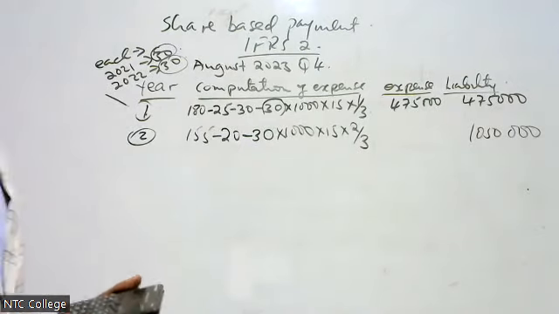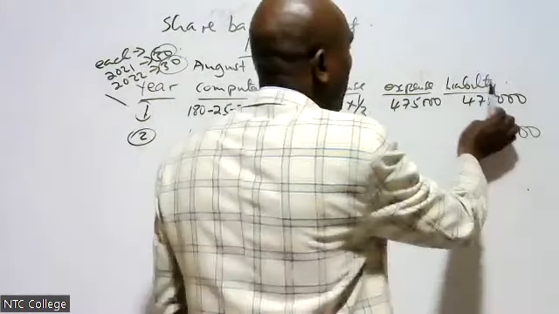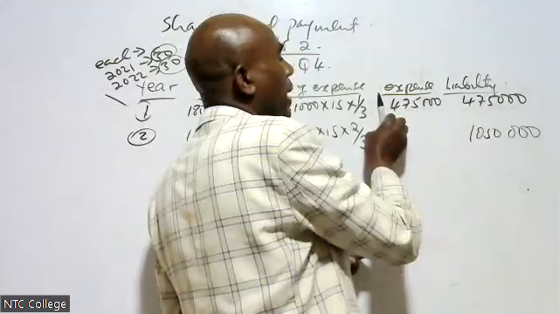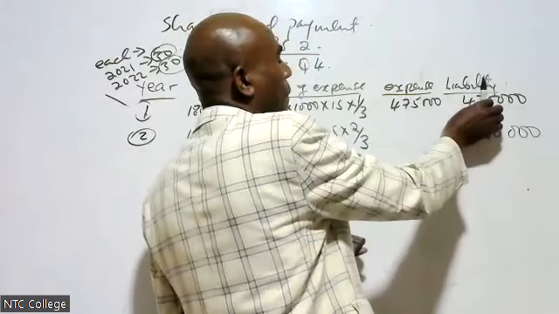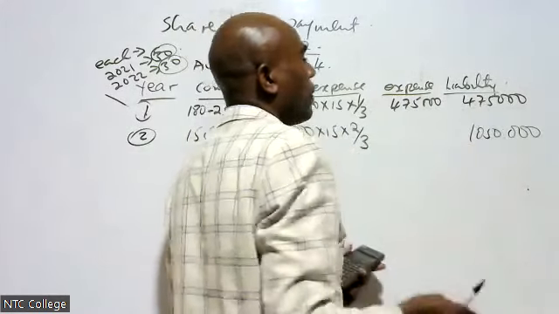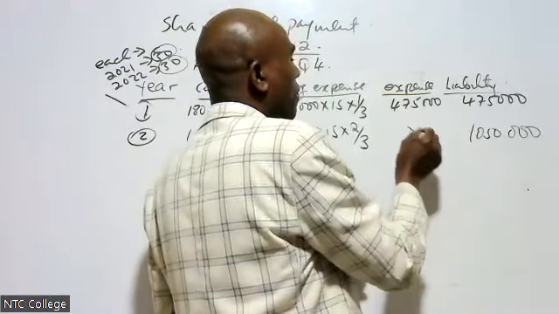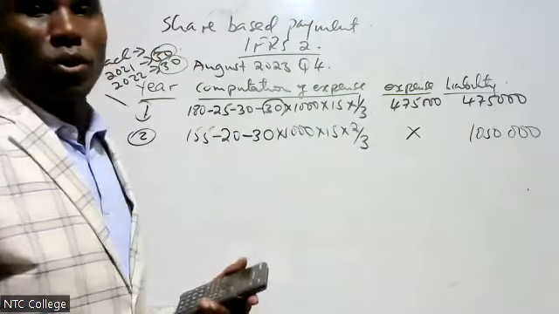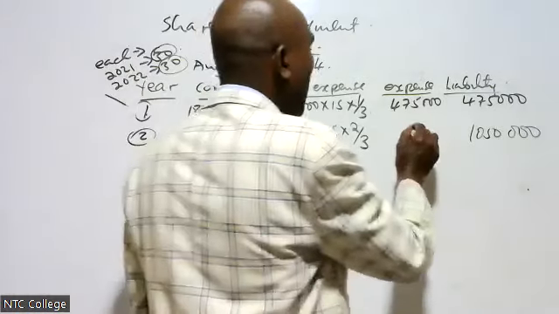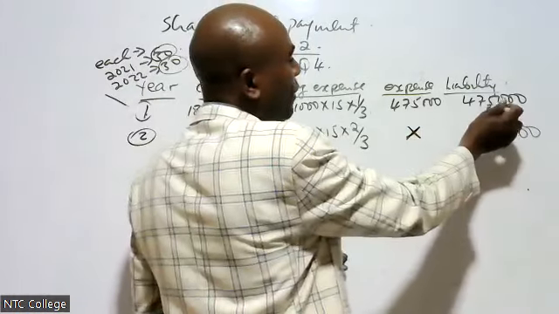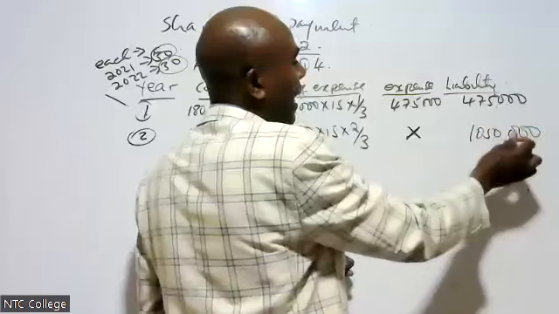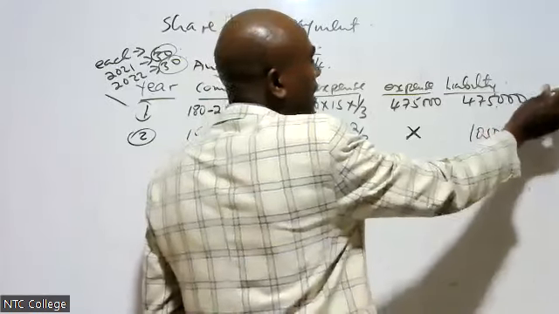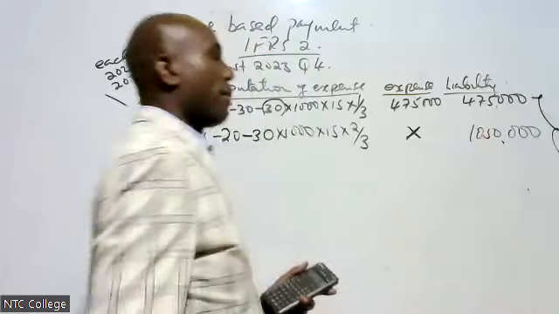Now 1050 is the cumulative liability. Remember here we have the expense and the liability. Therefore, this is the cumulative liability. Expense here, listen very carefully and follow me steadily here so that you don't miss the point. Now my expense here will be the difference between liability 1 and liability 2. Remember, this is the increase in the provision for liabilities.